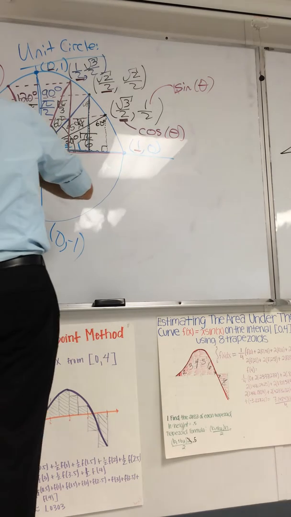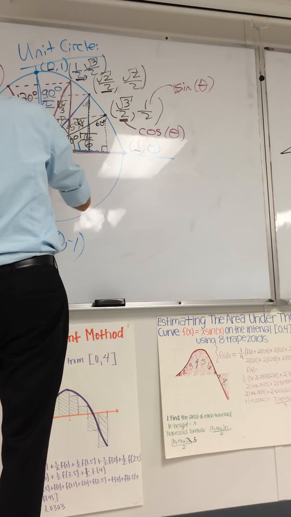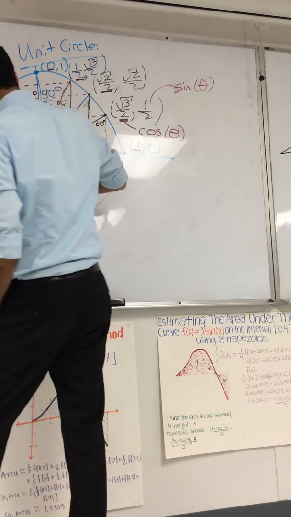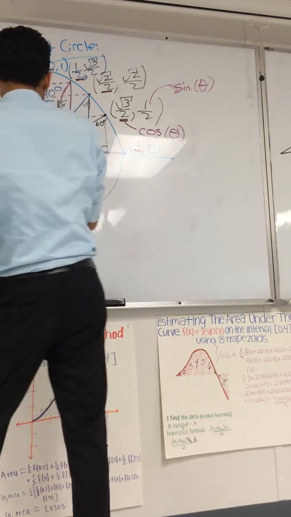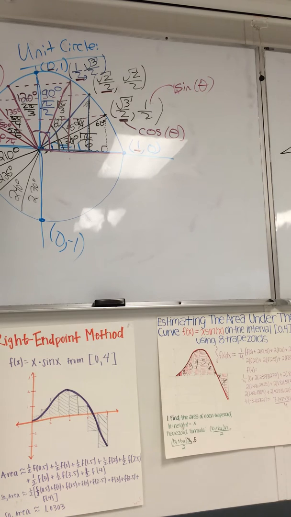So the next one, 225. I'll do the radians at the end. You should draw these on your own. There shouldn't be any challenge drawing these now. You don't need to wait for me. Give me 2 minutes, I'll show you that trick. For 225, same x-coordinate, so negative root 2 over 2.